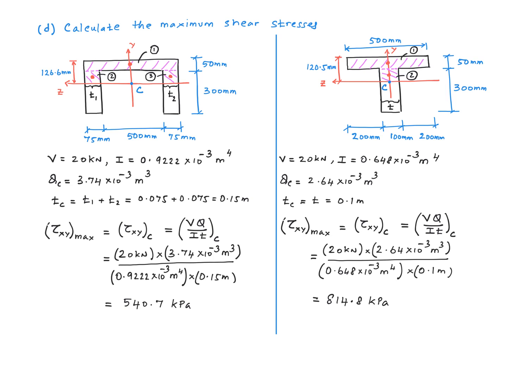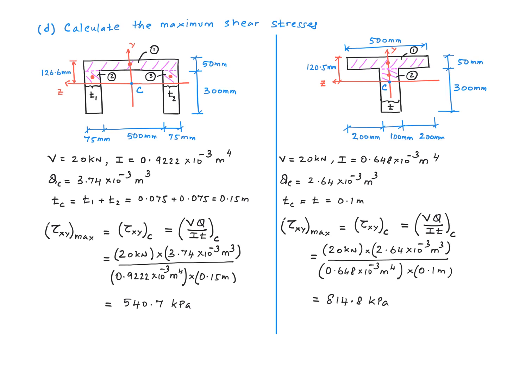All you have to do is to substitute these numbers in this formula. So here are the details for this section. So V is 20 kilonewton, Q is 3.74 times 10 to the minus 3 meter cubed, I is 0.922 times 10 to the minus 3 meter to the power of 4, and t is 0.15 meters. And you can see the units are going to work out to be kilopascal.